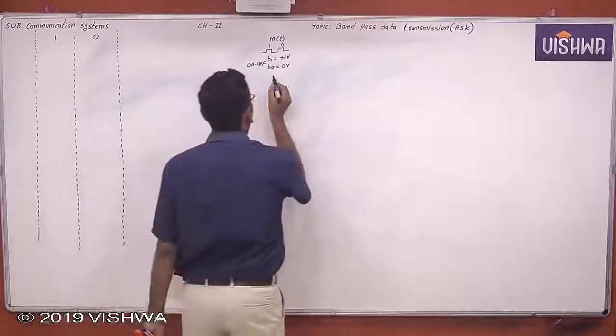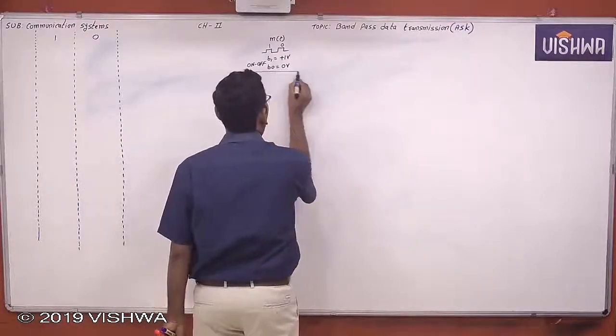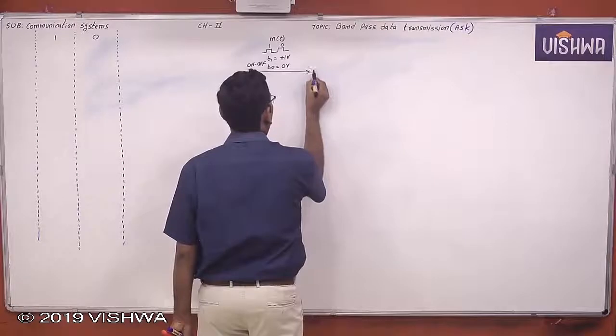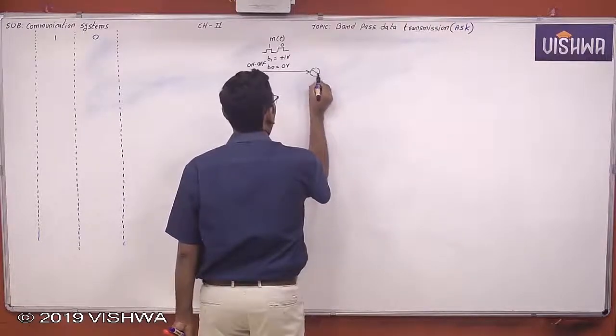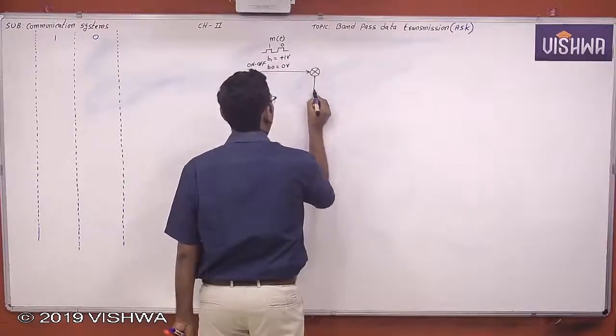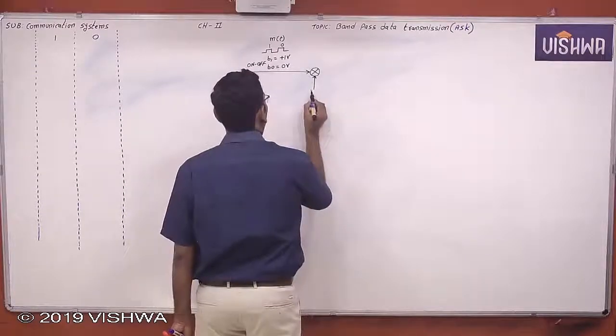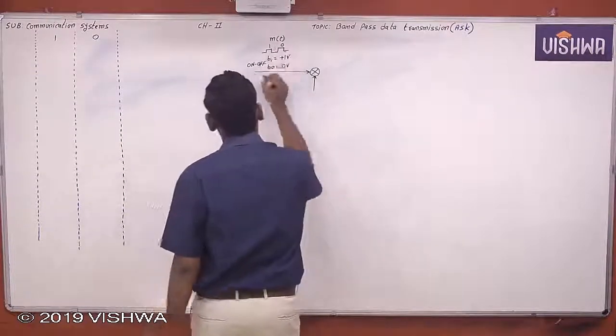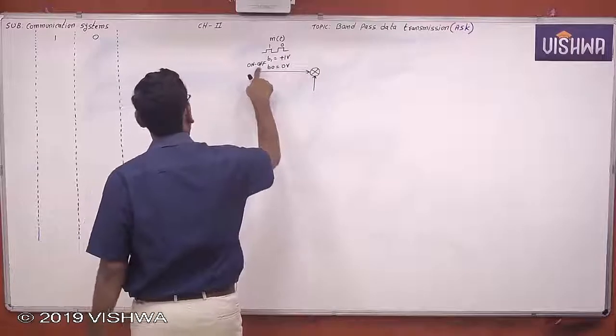Now this binary data alone cannot be transmitted. Therefore, we will take the help of a carrier. First, the binary data is represented in on-off signaling.